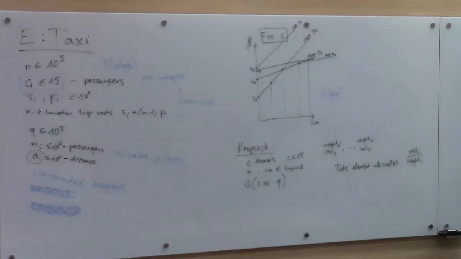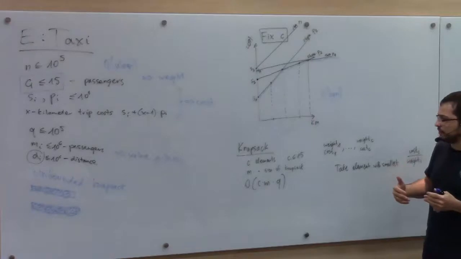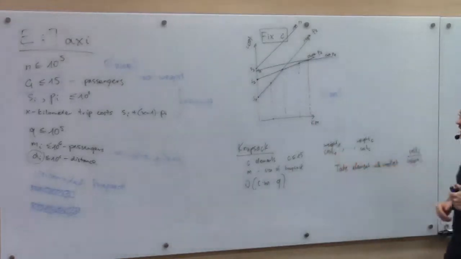In this continuous version, you know that the greedy strategy works. If you want to minimize the cost, you take as many cheap elements as possible. And here we will do a little bit of this greedy strategy. We will try to take as many of these elements as possible, but since we are doing the discrete version of knapsack, we will have to do some corrections using the other elements.